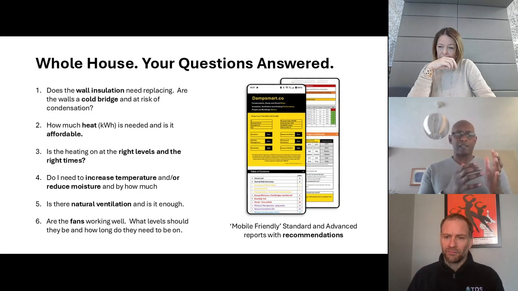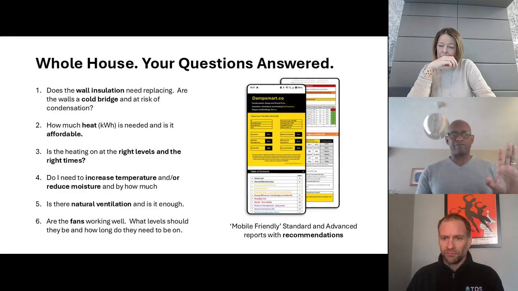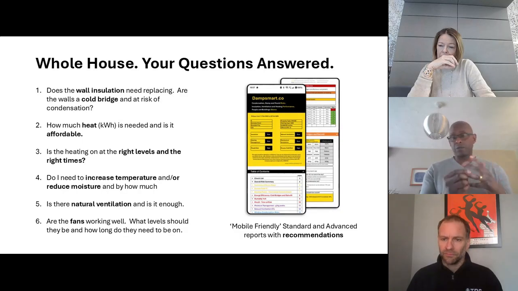But where we are is at least to say the biggest culprits are temperature, moisture, fans, and windows not being opened, because we can work out whether there's natural ventilation or not. We believe it's a good starting point to help stop the it's-your-fault, no-it's-your-fault disputes that go with it.